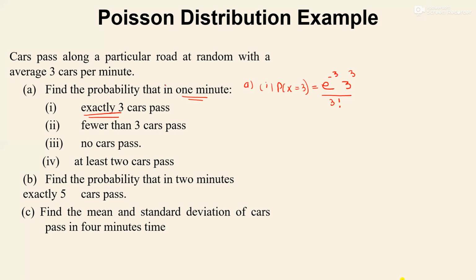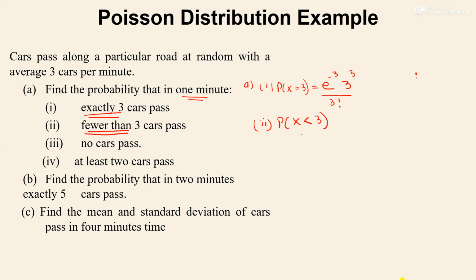Then for part 2, fewer than 3. Fewer means less than 3. So according to this wording, we have to calculate the probability of x less than 3.